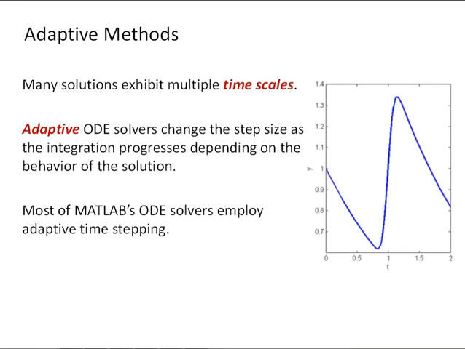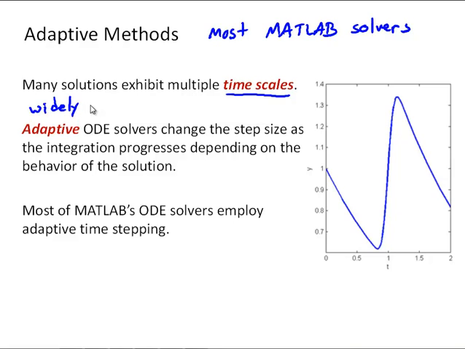So first let's talk about adaptive methods, which is the case for most of MATLAB solvers. So we've got to understand what this idea of an adaptive method is. This gets at the thing we talked about before in the context of stiffness, that many solutions exhibit multiple timescales. And remember, if those timescales are widely varying, that's where we get that idea of a stiff ODE.